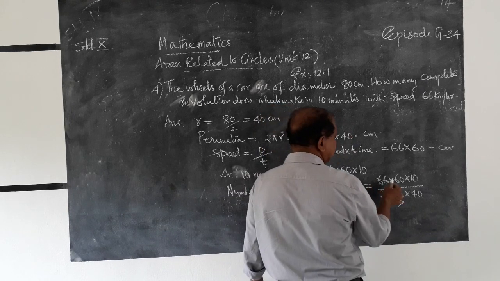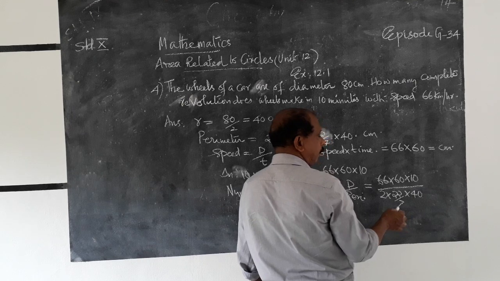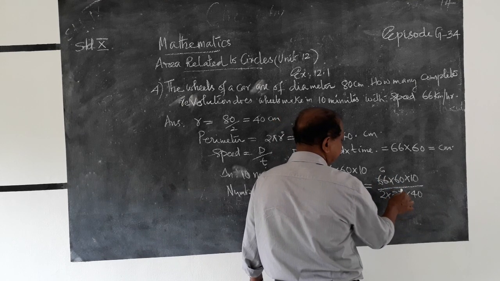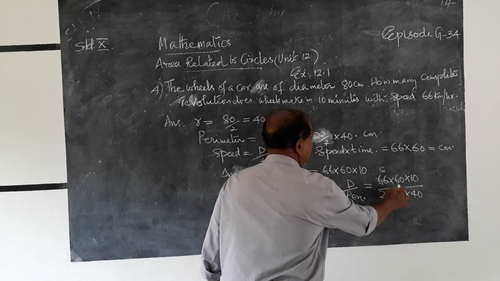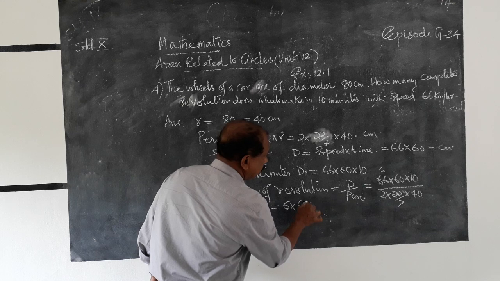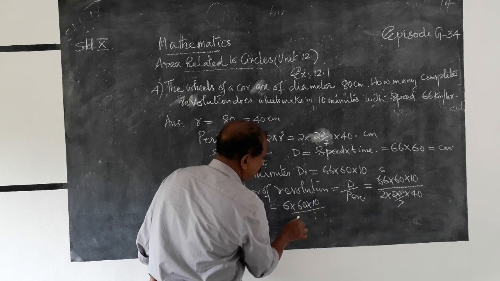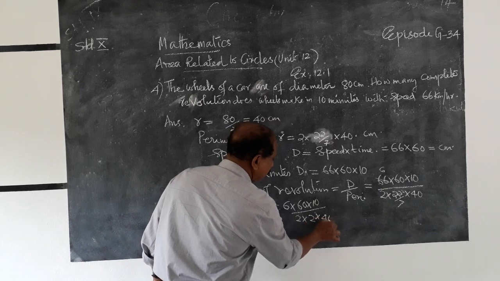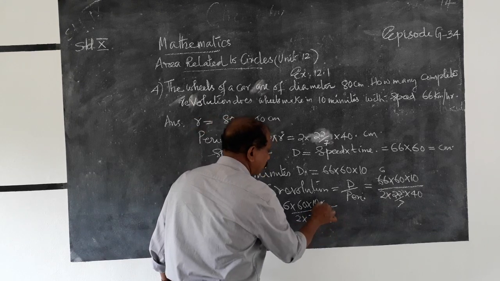That is, 66 divided by 11 is 6, and 22 divided by 11 is 2. That is equal to 6 into 60 into 10 by 2 into 2 into 40. That is, 7 goes to the numerator.